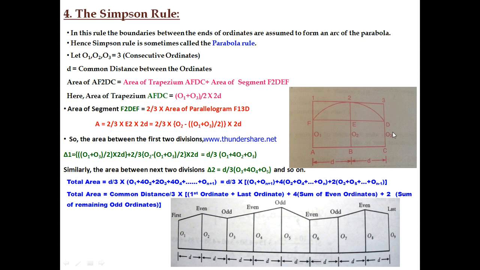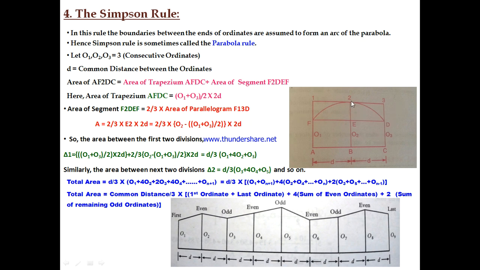The parallelogram area will be equal to E2, this distance, into 2 times D, which is considered as the height. Now we need to calculate E2. The area of the parallelogram here will be equal to E2 into 2D, a simple parallelogram.